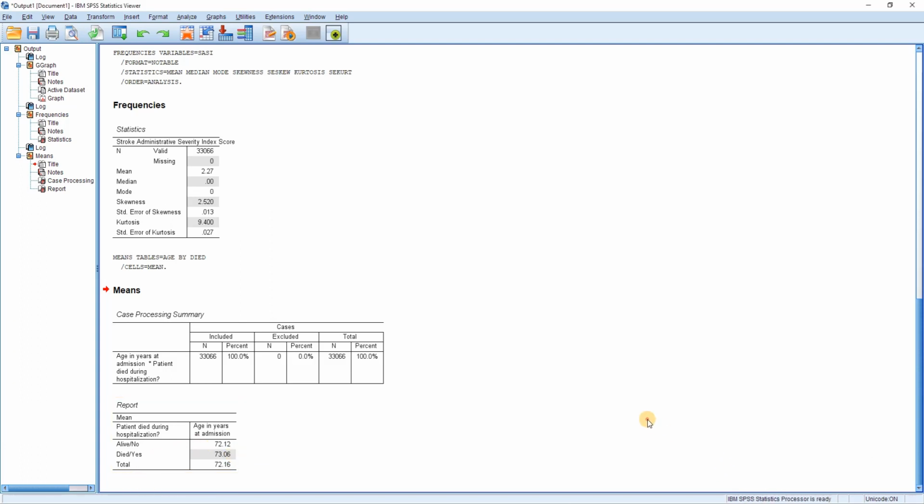All right. So moving on to question number 4. We are going to assume for the purposes of this question that the age variable is normally distributed. And it's asking, is the mean difference in age for patients who died during hospitalization and those who didn't statistically significant?